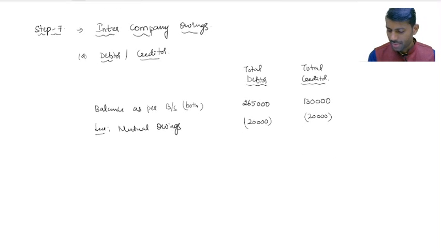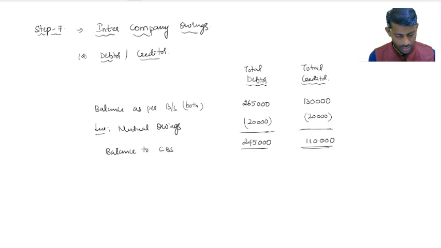It has been given in adjustment number 5: S Limited owed for purchase of stock from H Limited 20,000. Owed means it is an outstanding balance. So balance to CBS is 2,45,000 and 1,10,000.